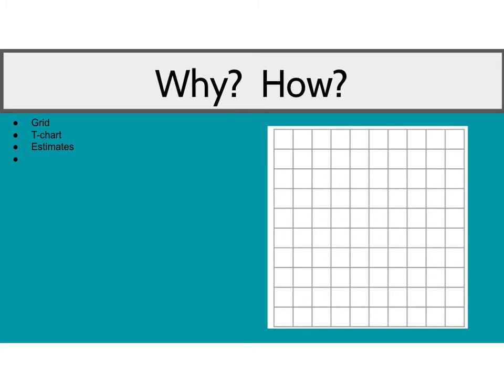So they are all around us. We even see them in sports. So how are we going to add or subtract decimals, you might ask? Well, there are some options, of course. We can use a grid, which is what I have over here. We can use a T-chart, and we're definitely going to use some estimation practices as well.